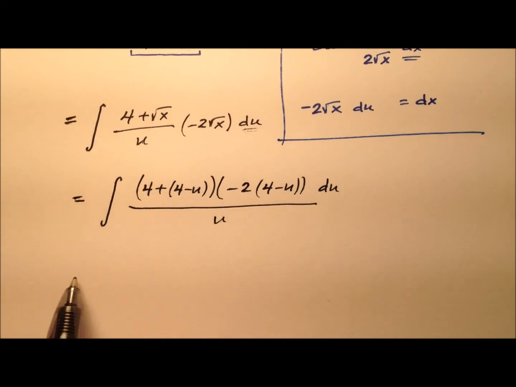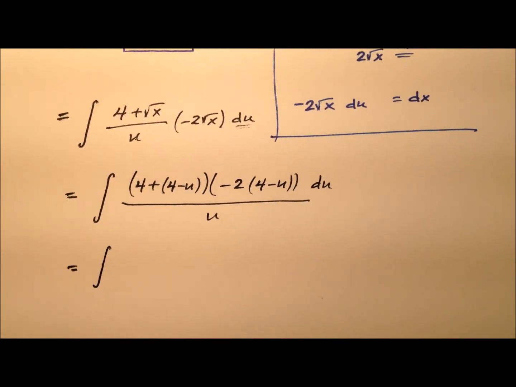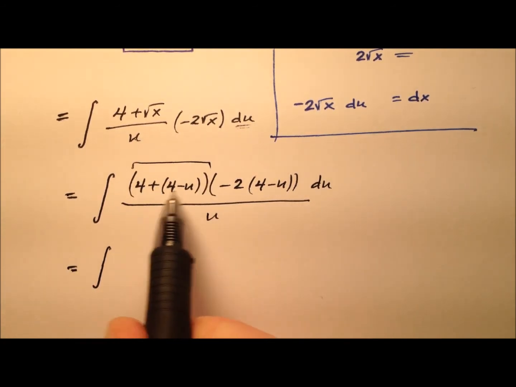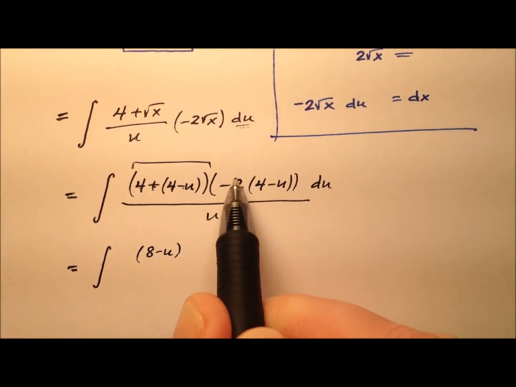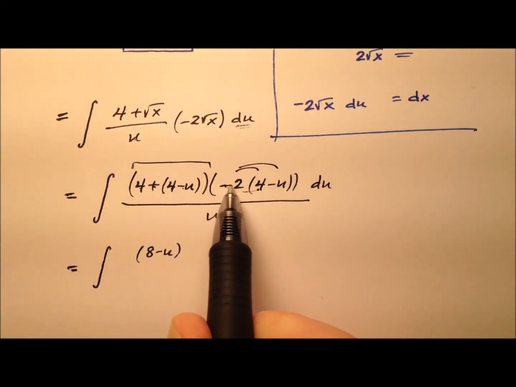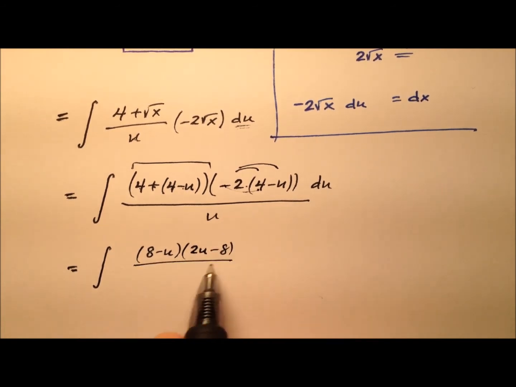Okay, well that might look not very nice, but it should simplify pretty nicely actually. So let's look at just this first set of parentheses. We have 4 plus 4 minus u, so that'll just be an 8 minus u. And then here if we were to distribute this, we would have a negative 8 plus 2u, or we could say 2u minus 8, and all that's over u, du.